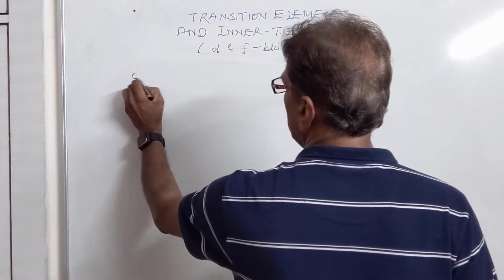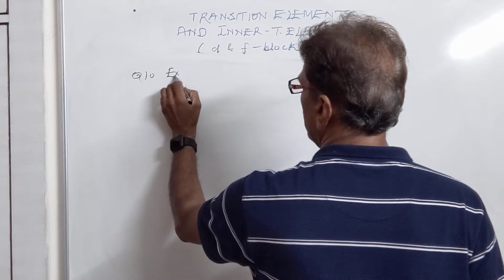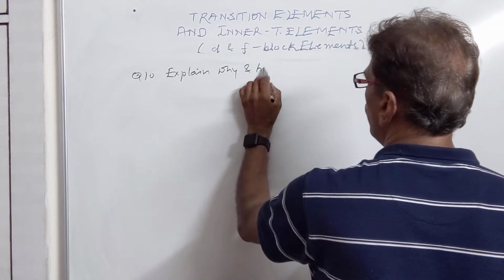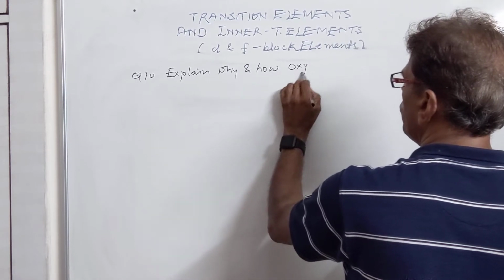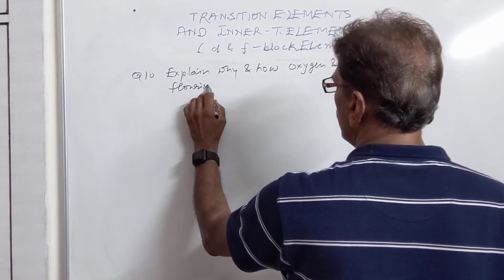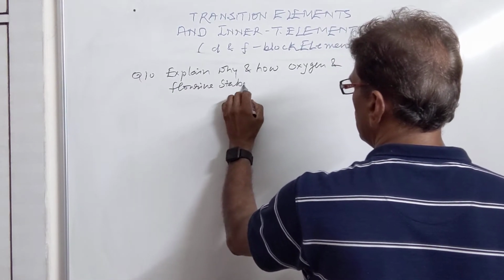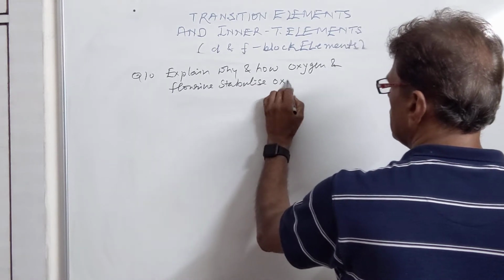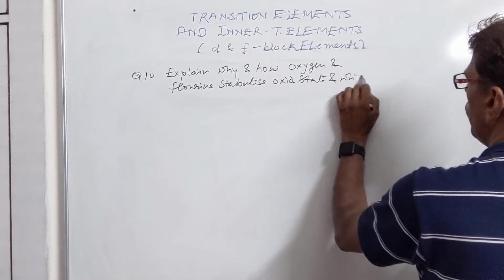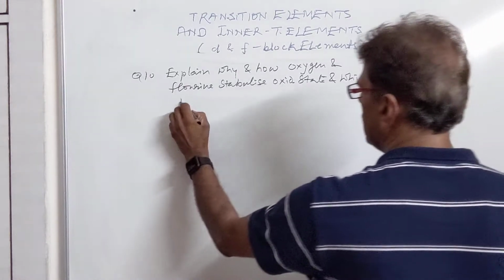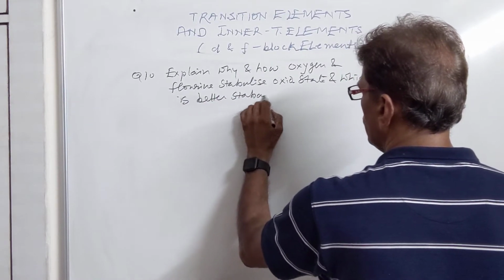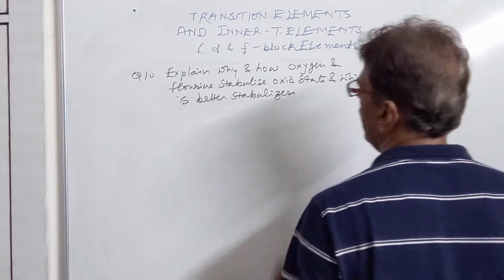Explain why and how oxygen and fluorine stabilize oxidation state, and which one is the better stabilizer. कौन ज़्यादा ऑक्सीडेशन स्टेट को स्टेबलाइज करता है.